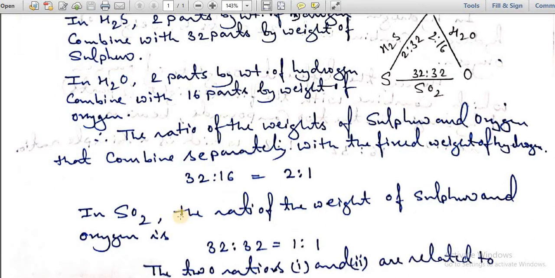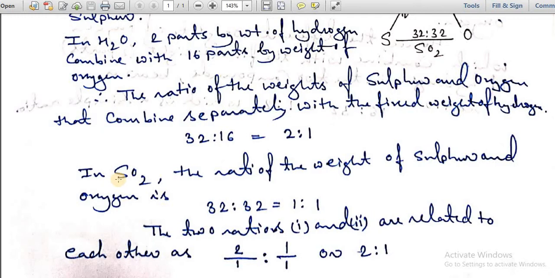Now in sulfur dioxide, that means when sulfur and oxygen combine, the ratio of the weights of sulfur and oxygen will be: sulfur atomic mass is 32, and oxygen, since there are 2 atoms and each oxygen is 16, is 16 into 2, which is 32. So it comes as 32 is to 32, that is 1 is to 1.